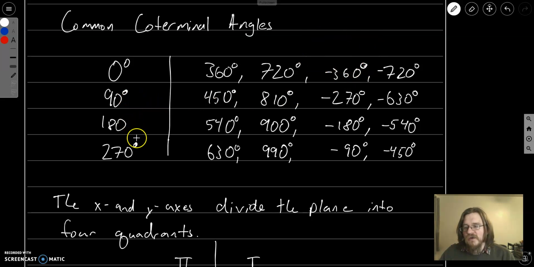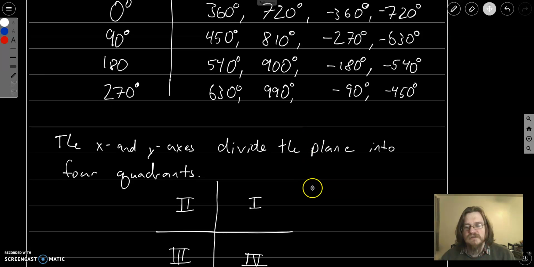The same with 90, 180, 270. We can add 360 to these to get coterminal angles, or we can subtract 360 from these to get coterminal angles. So these are just some common ones. You might see these pop up from time to time. So it's a good idea to be able to recognize some of these numbers.